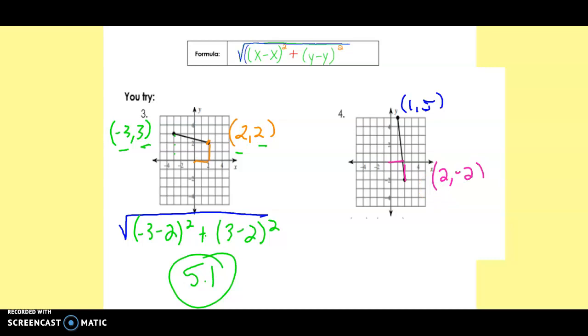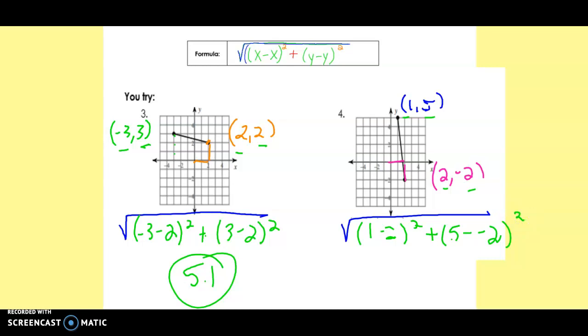Then using my formula to set it up, I'm going to set up my square root. Then we're going to subtract our x values. Again, it's the first number in the ordered pair. So 1 minus 2 squared, and adding it to the subtraction of my y values. So 5 minus -2. Again, be wary, be careful of those negative numbers. And you're going to square that value.